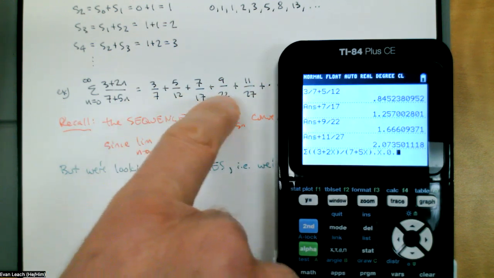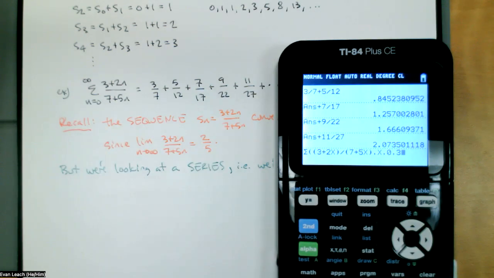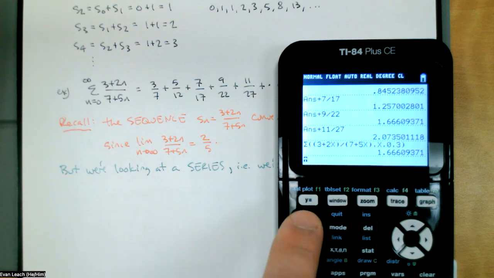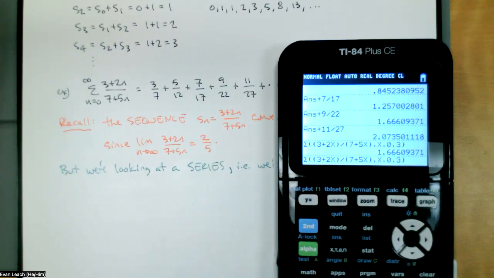So 0, 1. So it looks like we typed it in right because our 9/22 and our 11/27 both added up to the right amount.